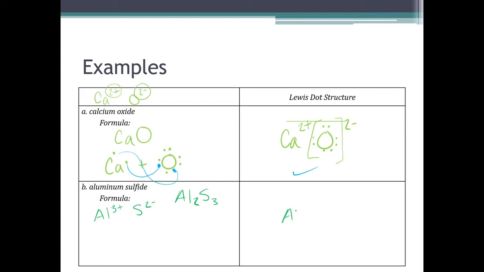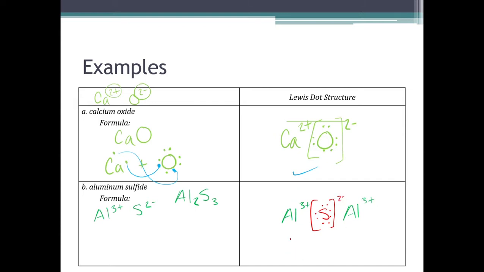So we'll draw Al with a 3+ charge over here, Al with a 3+ charge over here. Then we'll need 3 sulfide ions. So we'll have a sulfide ion, which remember it's a nonmetal, so it should be stuffed. It should have 1, 2, 3, 4, 5, 6, 7, 8. Give it brackets and a charge.